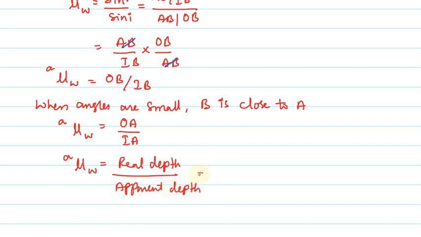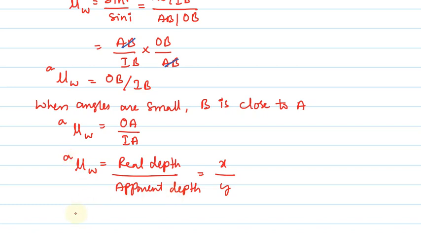If we are about to find apparent depth, then take apparent depth as subject and transpose the refractive index of water with respect to air to the denominator.